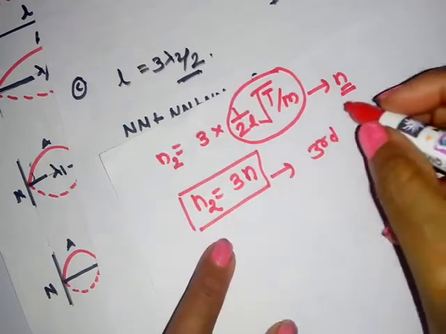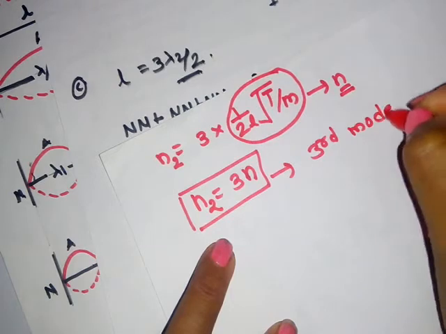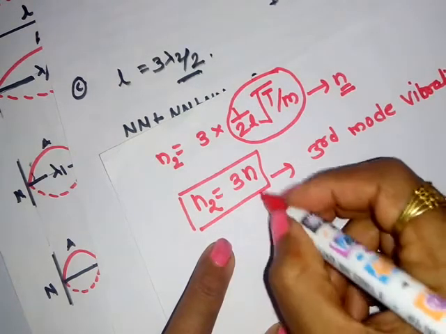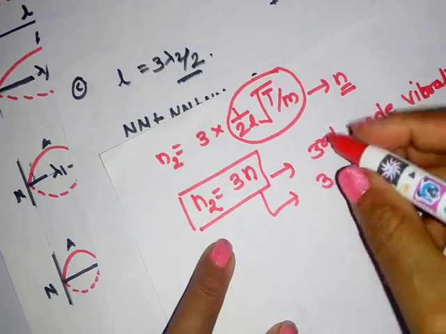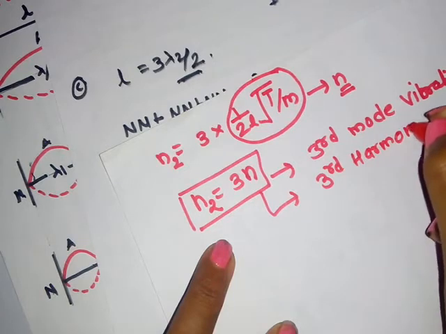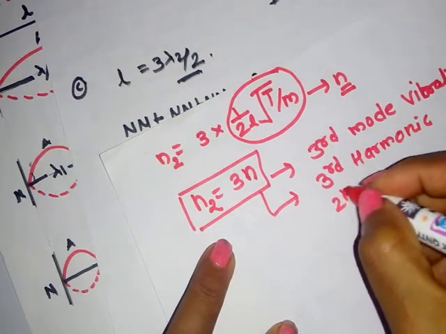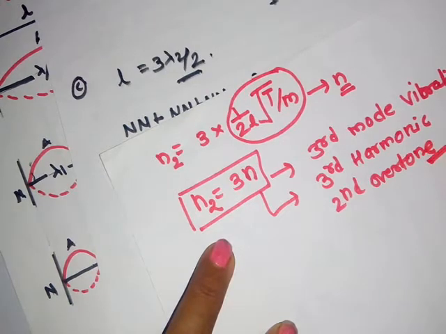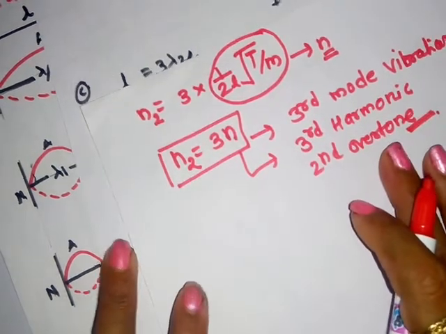This frequency represents the third mode of vibration, and here 3 times n is nothing but the third harmonic and second overtone. Overtone is higher than the fundamental frequency.